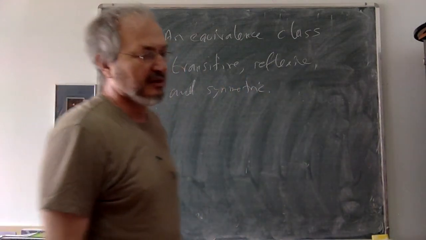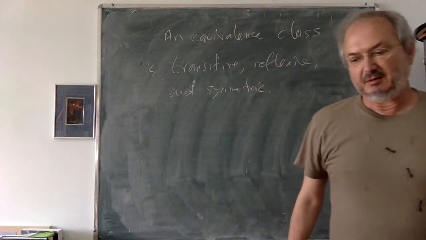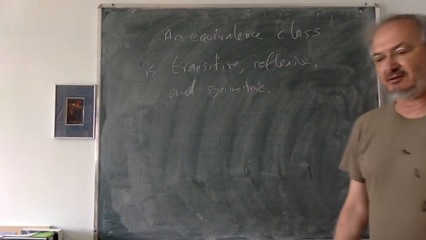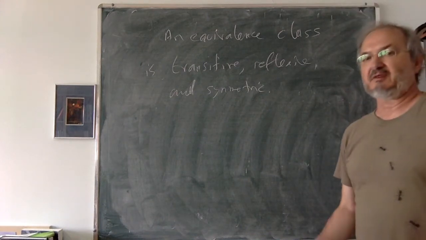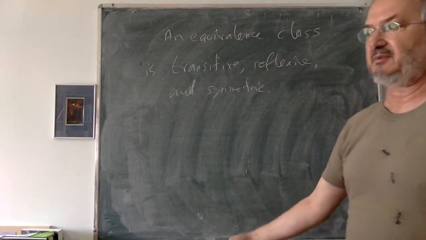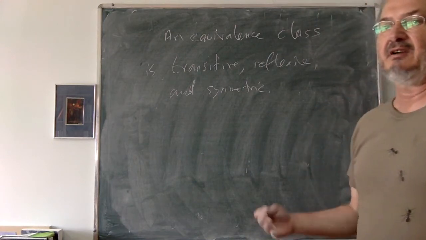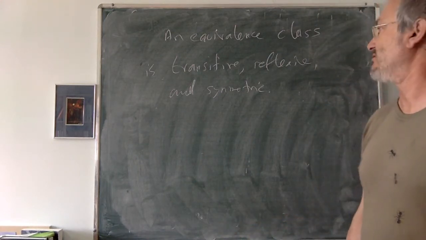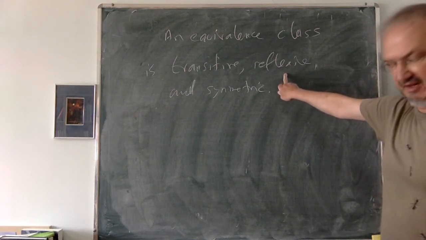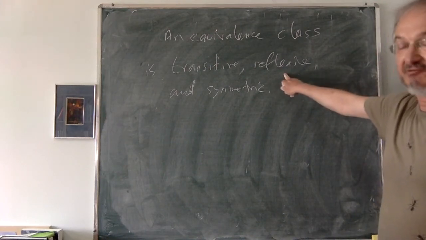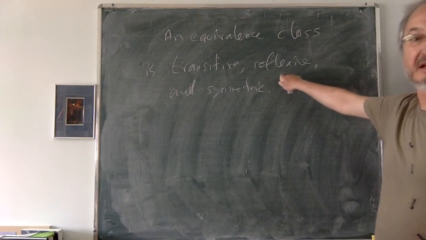Okay. So in the case of our example, having a length of 5 is transitive, because if some expression has a length of 5 and another expression has a length of 5, then they are in the same equivalence class. It's reflexive because if an expression has a length of 5, then it has a length of 5.